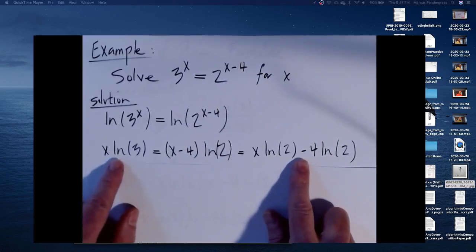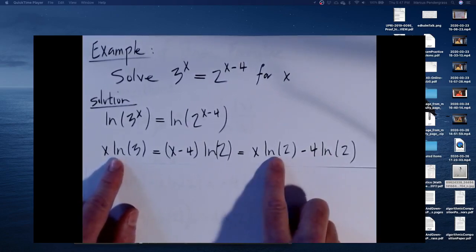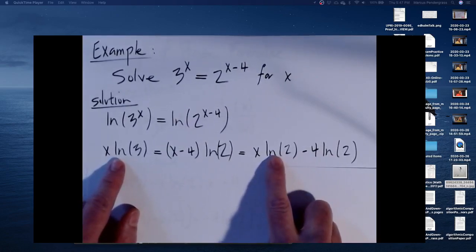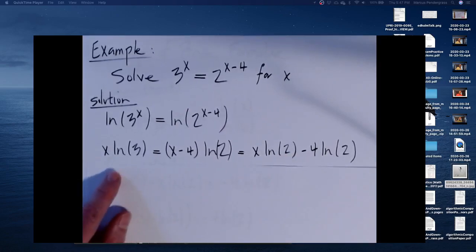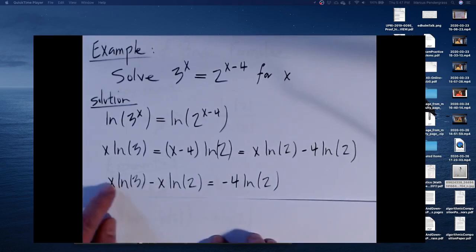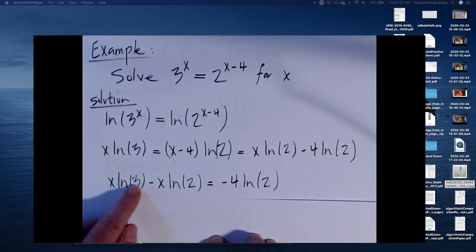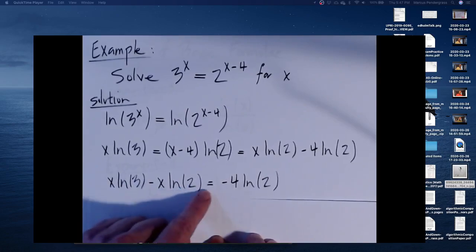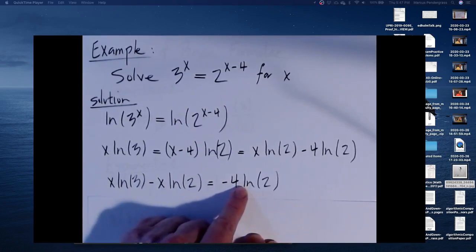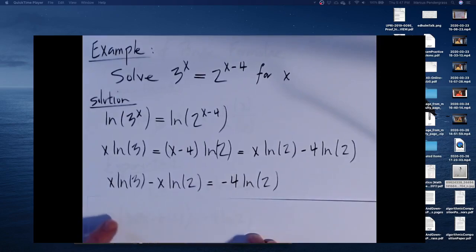And then, looking at the left and right-hand sides now, I want to collect the terms involving x. So I'm going to bring this guy over to the left-hand side by subtracting. So we'll say x times natural log of 3 minus x times natural log of 2 equals, and we still have negative 4 natural log of 2 on the right-hand side.